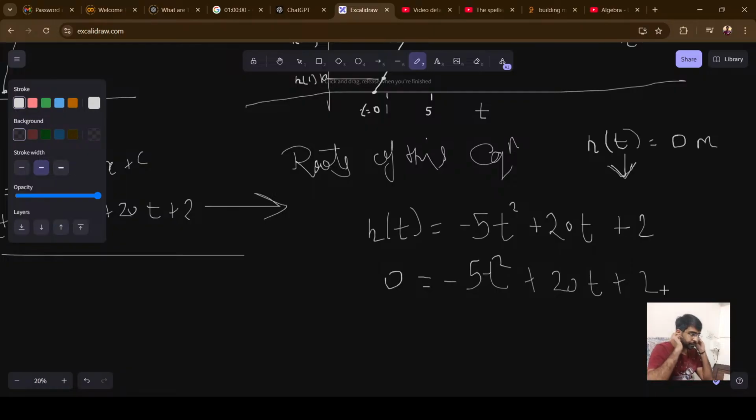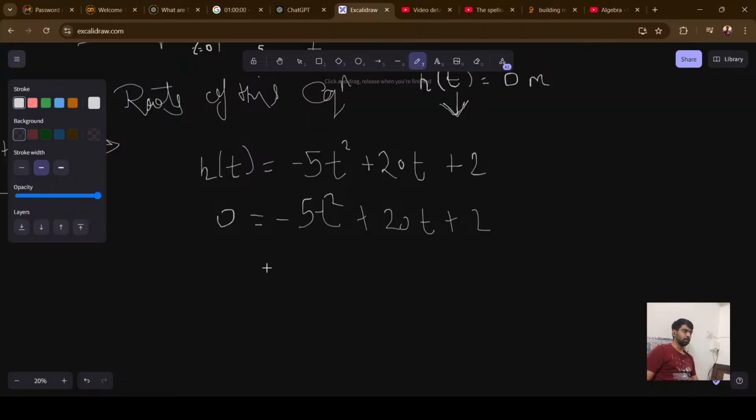So what we are actually finding is the time. If I solve this quadratic equation, that is minus 5t square plus 20t plus 2. I actually forgot this.